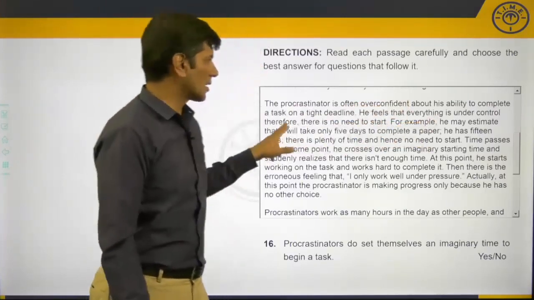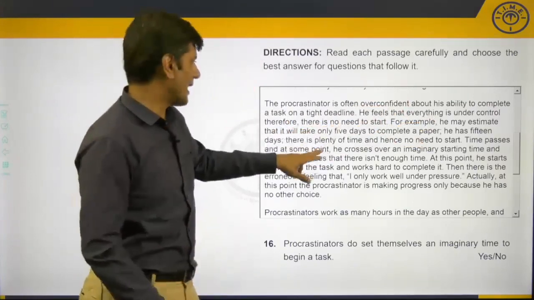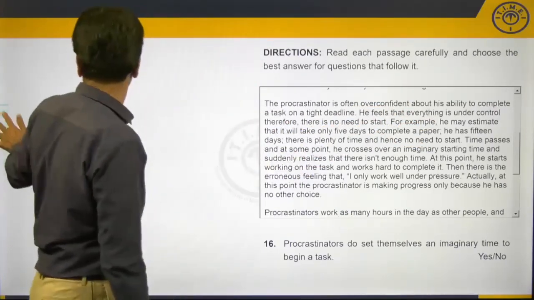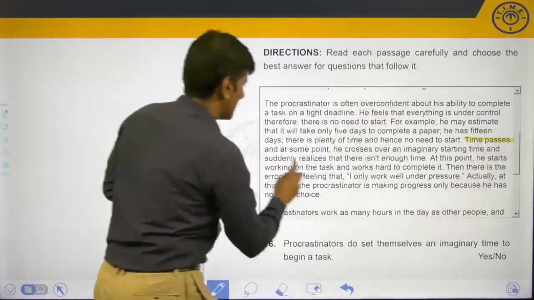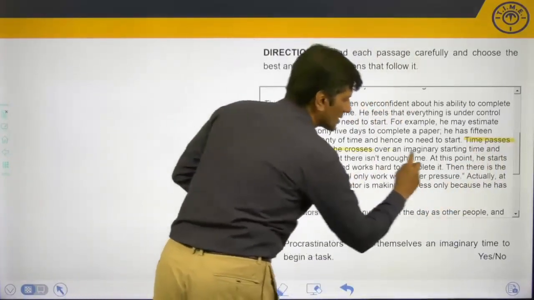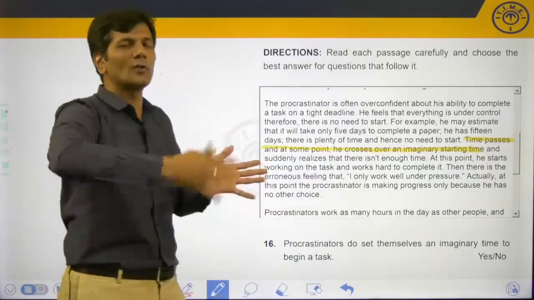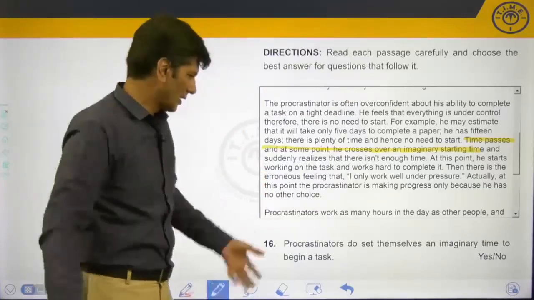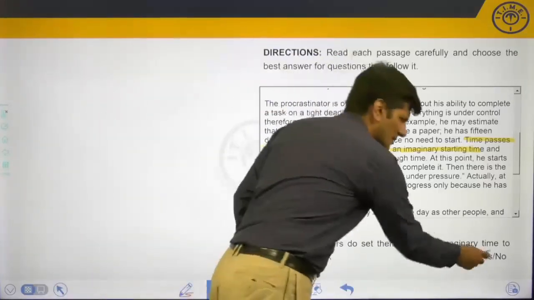They think that everything is under control and there's really no need to actually start. And here is where your clue is. Time passes and at some point he crosses over an imaginary starting time. So he thinks that he's going to start this at some point of time in the future. So they do set themselves an imaginary time to begin a task. The answer is a clear yes.